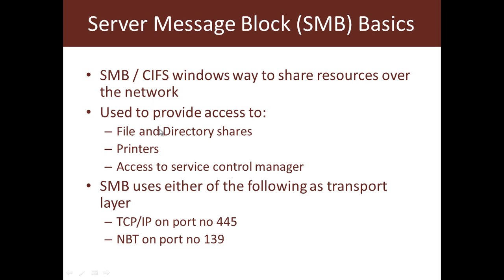SMB is typically used to provide access to file and directory shares, in which a user with proper authorization can copy files, download files, etc. It also provides access to shared printers and, most importantly, access to the service control manager, using which remote services can be created, started, stopped, deleted, etc. SMB typically uses one of two techniques as the transport layer. The first is TCP/IP over port 445, which is more prevalent. It can also use NBT on port 139.